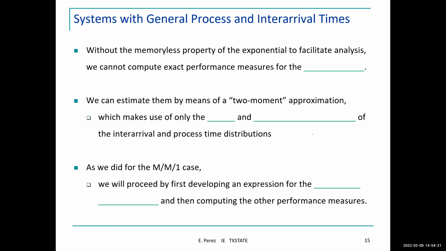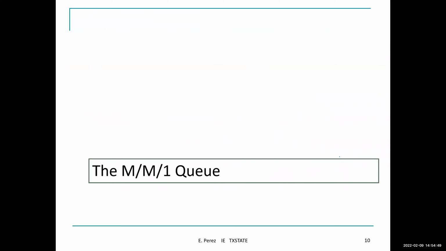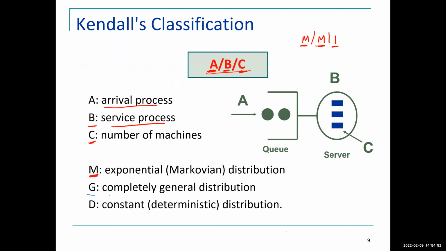Without the memoryless property of the exponential to facilitate the analysis, we cannot compute the exact performance measures for GG1 systems. So GG1 queues represent our systems with general processing and interarrival times.